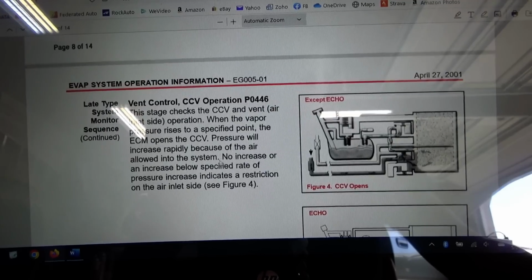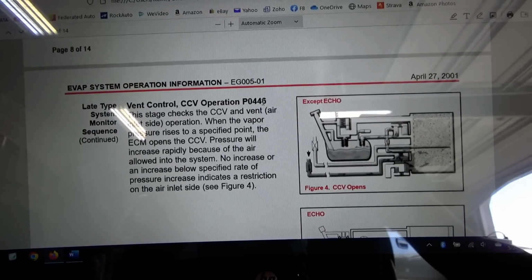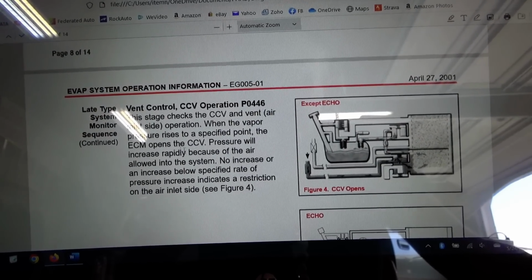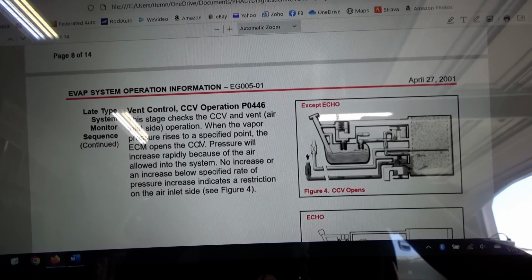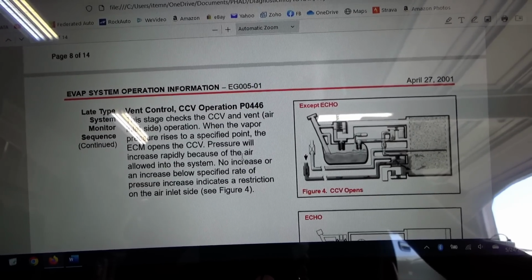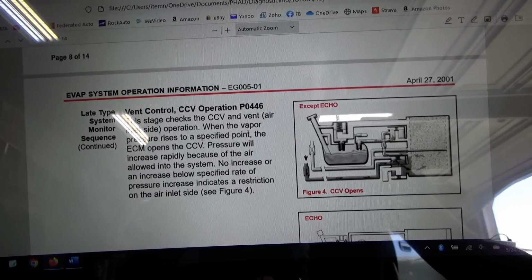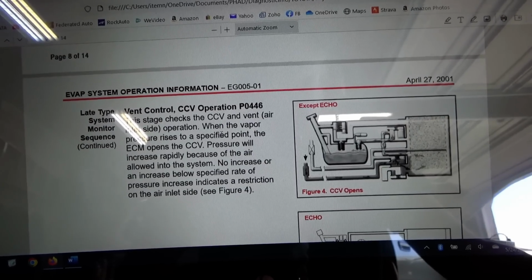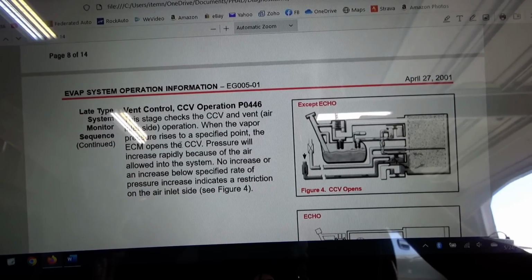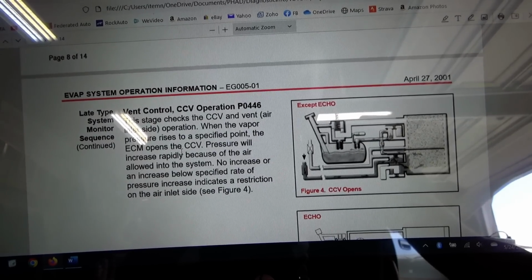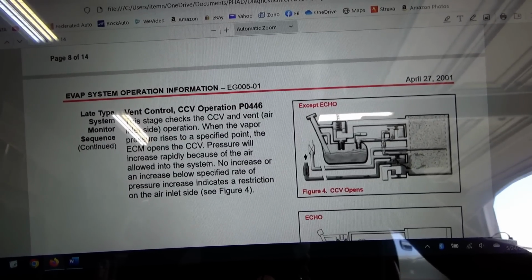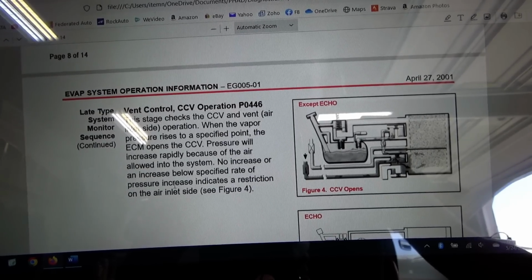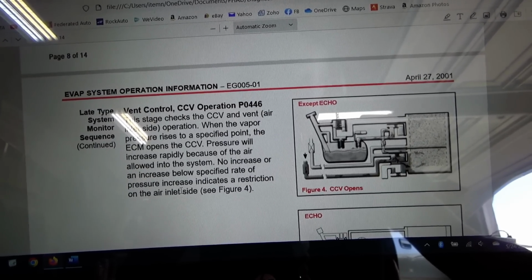Now, vent control, CCV operation, P0446. That can be set by the CCV. When the vapor pressure rises to a specified point, ECM opens the CCV. Pressure will increase rapidly because of the air allowed into the system. No increase or an increase below the specified rate indicates restriction on the air inlet side.